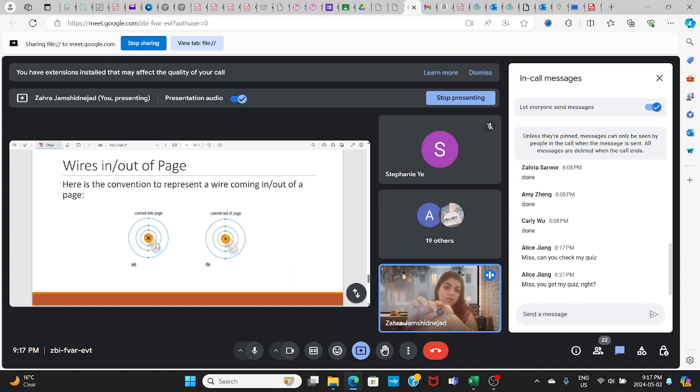Then I put my thumb in the direction of the current. Now follow the bending: my finger is bending clockwise, right? Was that clear or still not? Stephanie, got it?